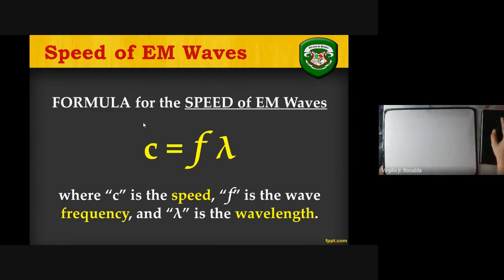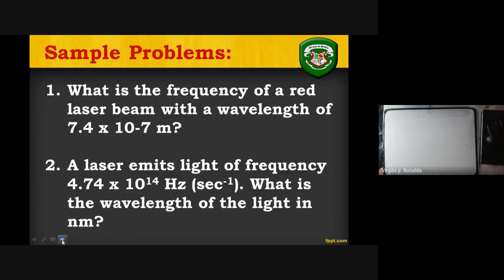Okay, so the first one, ito, solving na tayo. So let's try to solve sample problem number 1. So number 1 problem, what is the frequency of a red laser beam with a wavelength of 7.4 times 10 raised to negative 7 meter?